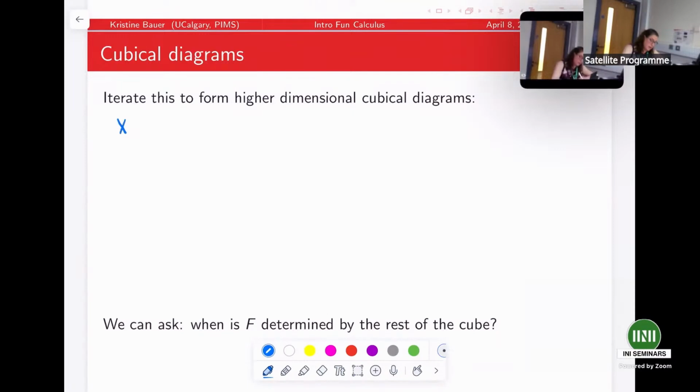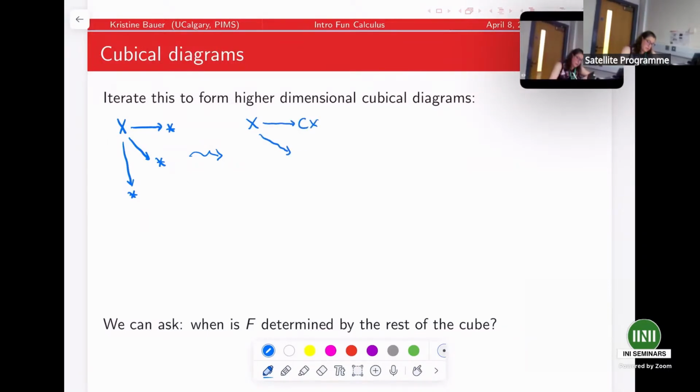Okay, so I could have started instead with 3 points. And I can do exactly the same process. Okay, take the homotopy pushout of this, but I'm going to make sure that this homotopy pushout is done in a very intentional way.